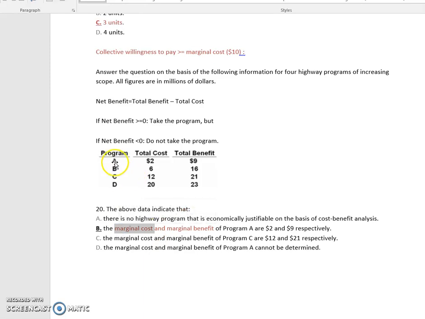So for project A, without any project, cost is 0. But when you take program A, cost is 2. So 2 minus 0, the increase in total cost because of taking program A, is $2. So the marginal cost of program A is $2.